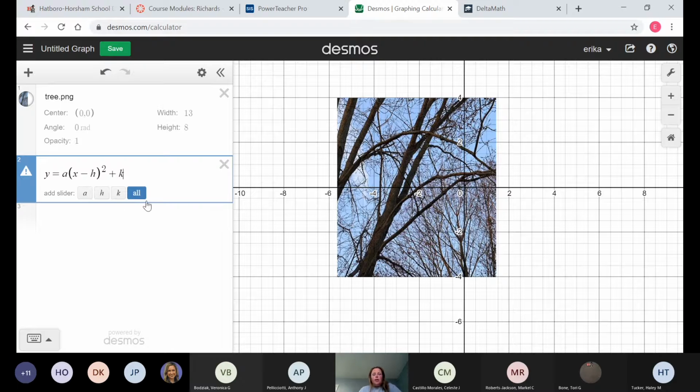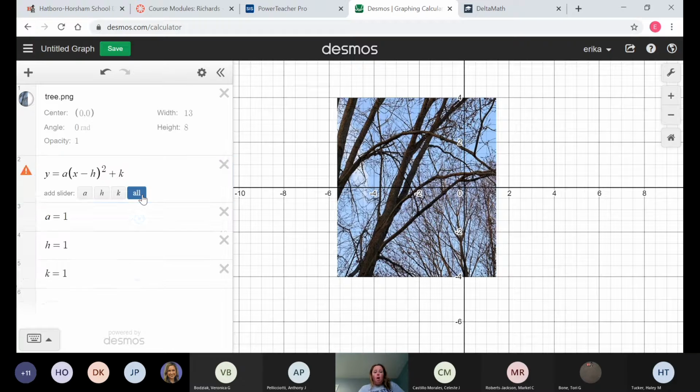All these sliders are going to come up. If you ever have more than one equation up at a time, it will take sliders from other things, so once you do it, close out of the standard form when you're done.